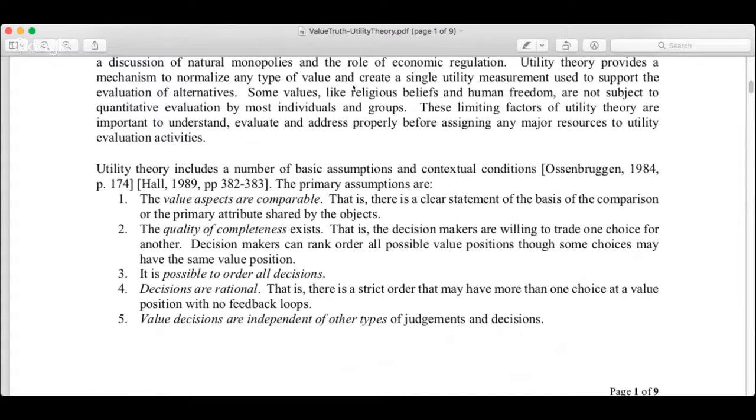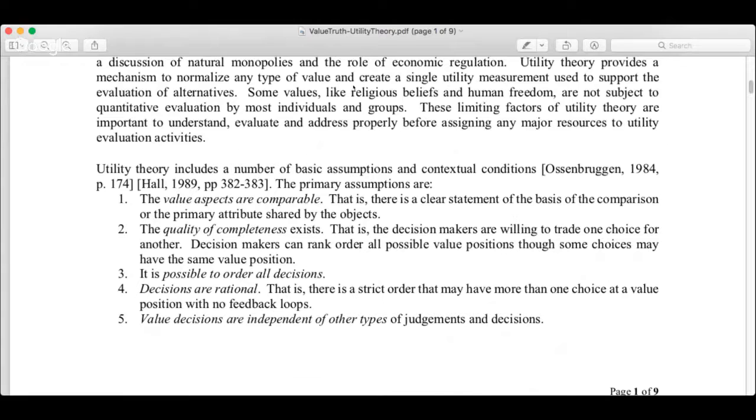If we say this investment strategy returns more dollars per year than that investment strategy, then the dollars per year is the basis of the comparison of the primary attribute. So pick a single attribute that allows either objects or processes or courses of action to be evaluated and compared.